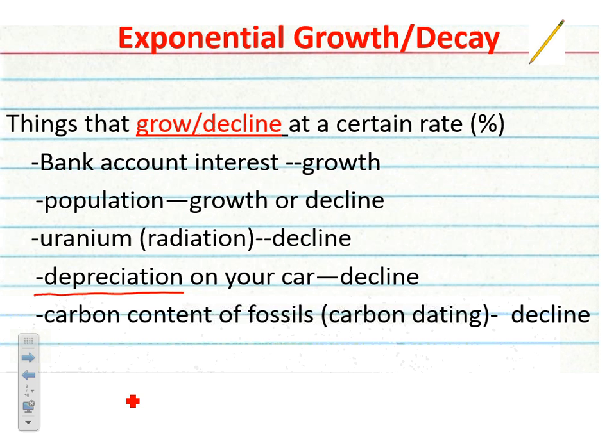This one I'm going to stress so much for the next 2 days. Never buy a new car, because it depreciates crazy amounts of value. And then fossils: carbon dating is a decline. These are some examples of growth and decay, so jot those down in your notes, please.